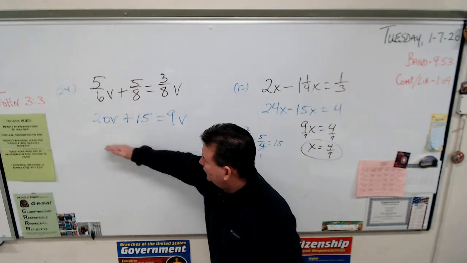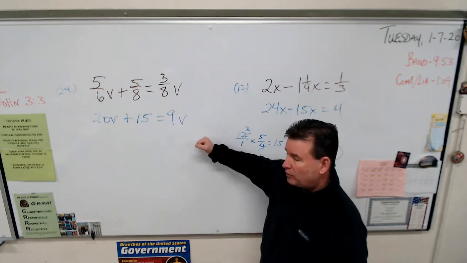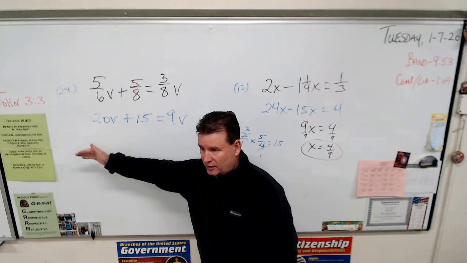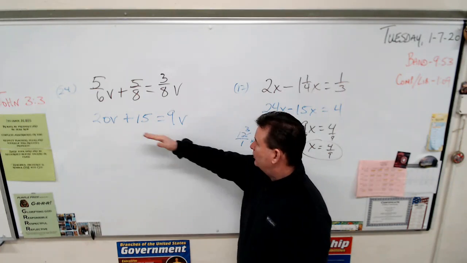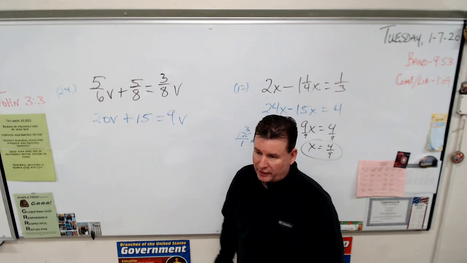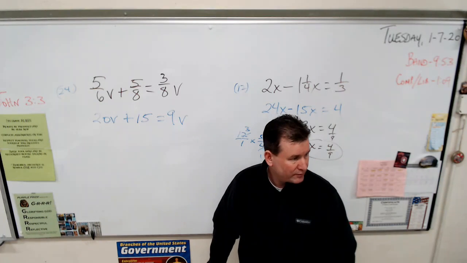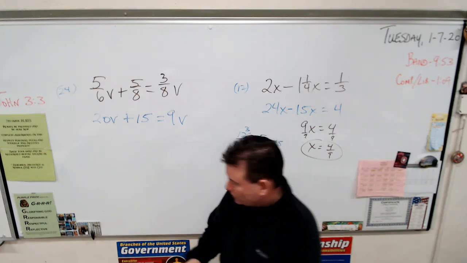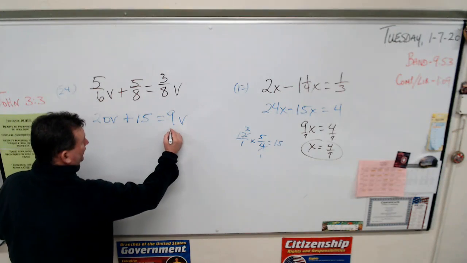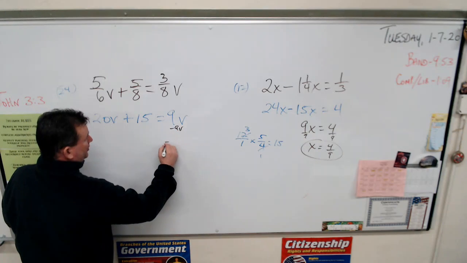Before I combine my V terms, I do have a choice. I can move this V to the right of the equal sign or this V to the left of it. It makes total sense to move this V over to the left because 20 minus 9 is going to give me positive 11. But then you get 29 plus 15 equals 0. And we'll deal with that. If I subtract 9V over here, that leaves me with nothing.